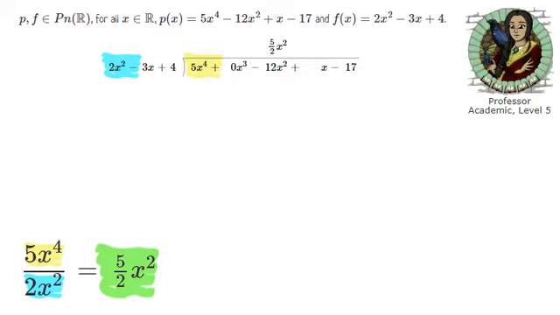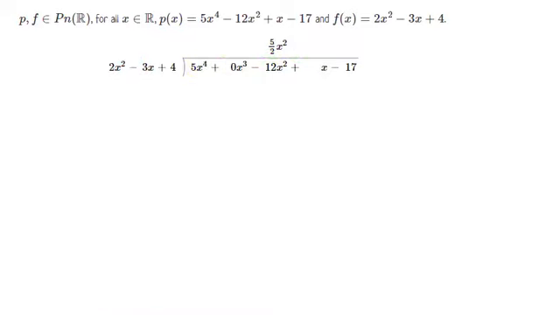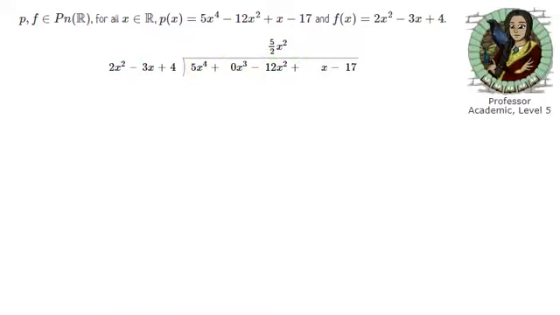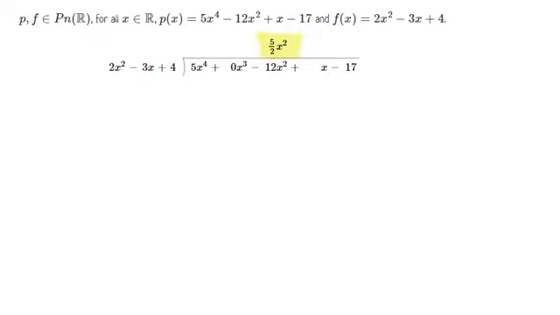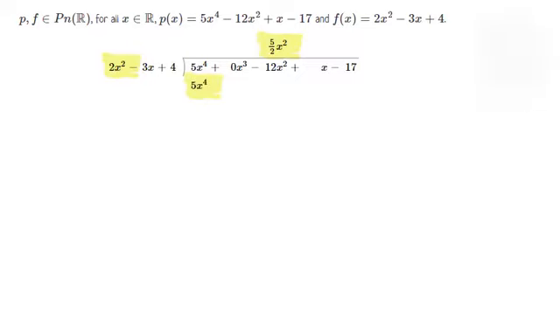We write the result of this calculation as the first term of the quotient. The next step is to multiply the quotient term we've just calculated by the divisor. 5 halves x squared times 2x squared is 5x to the power 4.